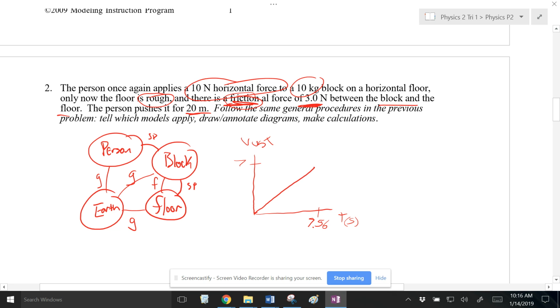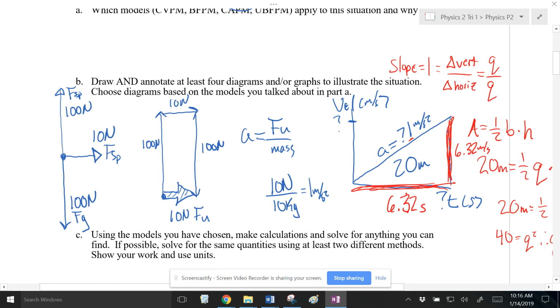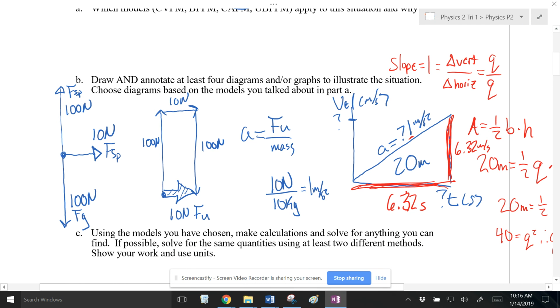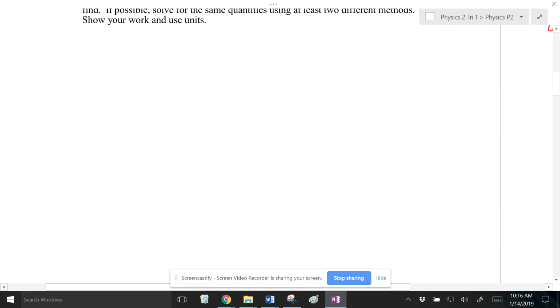All right, so we're looking for that for the graph shape. Now you have this other piece of information about the motion, the 20 meters. Where's that going to go? You can scroll back up to the other graph to double check yourself. Here in this area, so that part is not going to change.